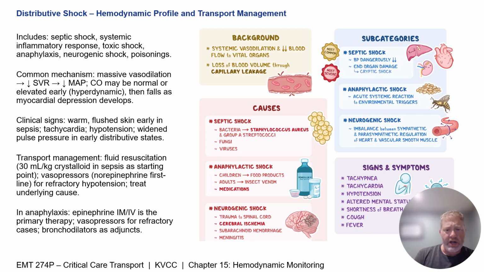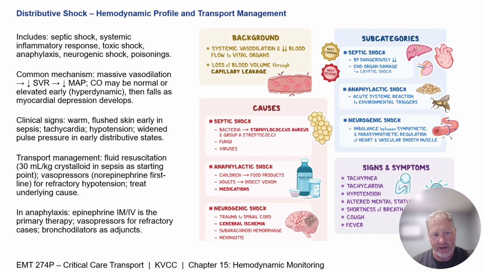So distributive shock is kind of an umbrella term. It includes septic shock, systemic inflammatory response, toxic shock, anaphylaxis, neurogenic shock, and certain poisonings as well. The most common mechanism, the identifying factor, is massive vasodilation.